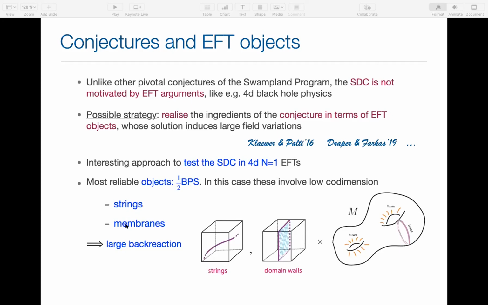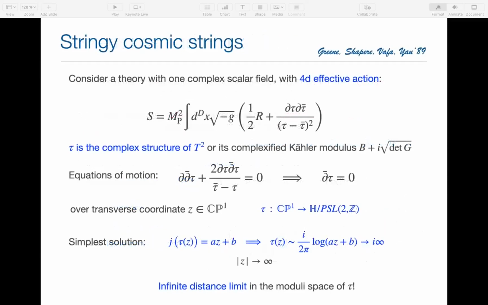And by construction, these will have a large back reaction that will make the fields flow a lot. In particular, the objects that will be the stars in this talk are the 4-dimensional strings. Not all of them, a particular kind of them. And to see which kind, let me focus on a well-known example.